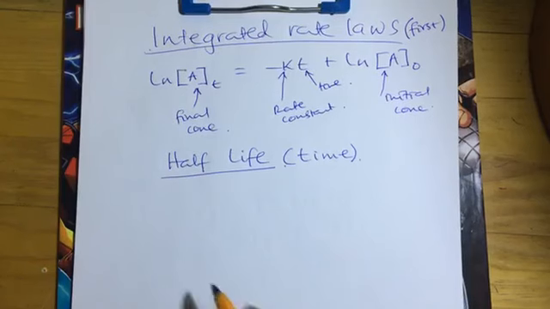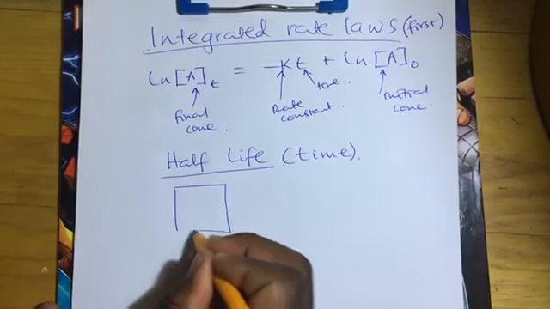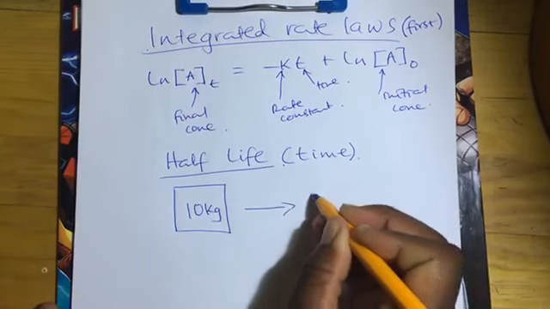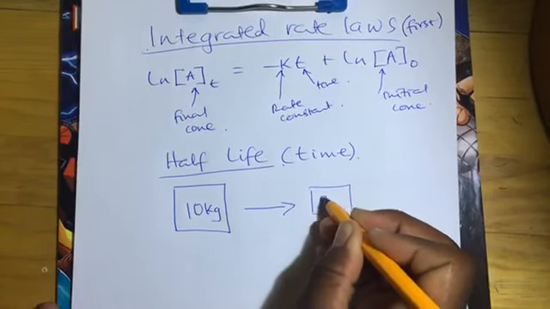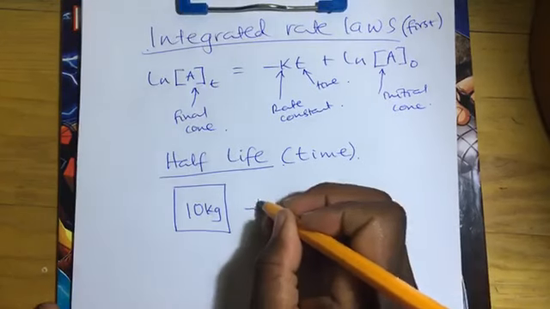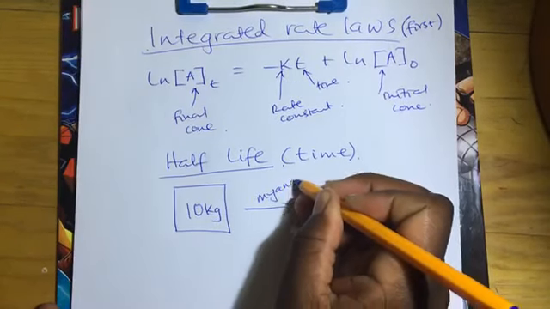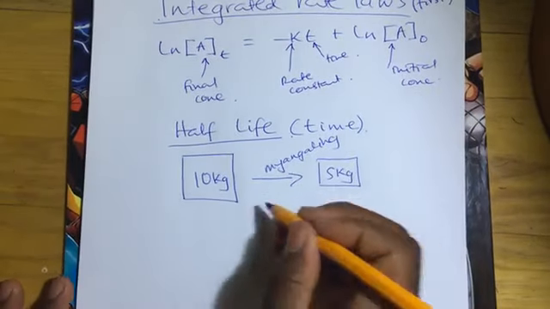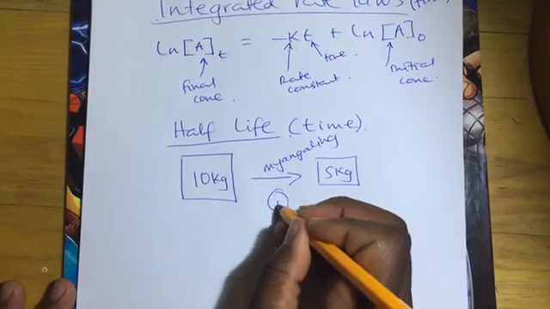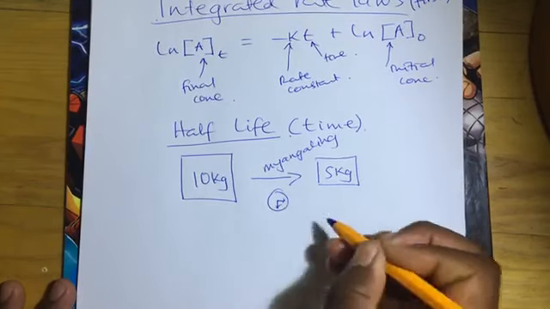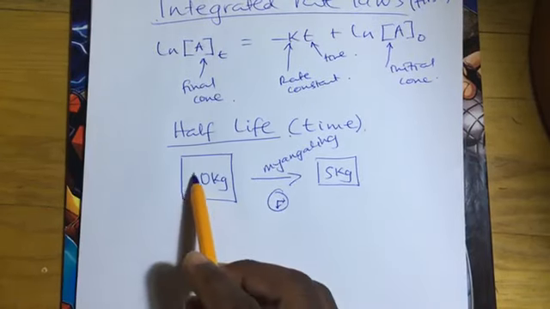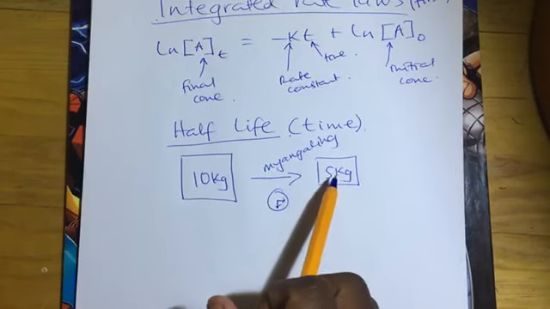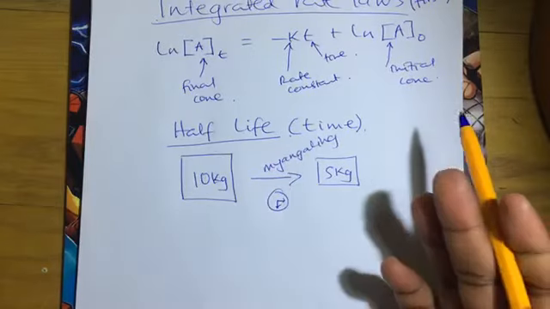It refers to how long it would take a 10 kg bag of sugar to become 5 kg if someone is taking from it.